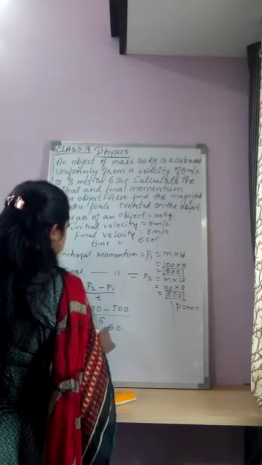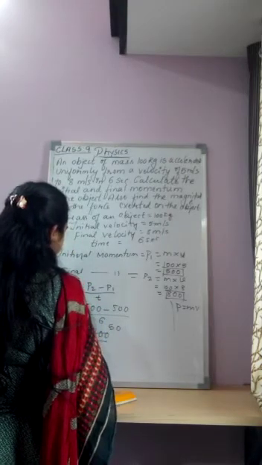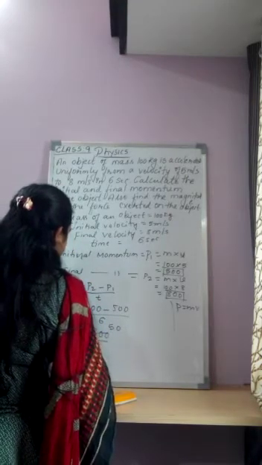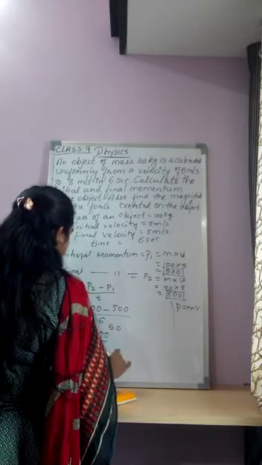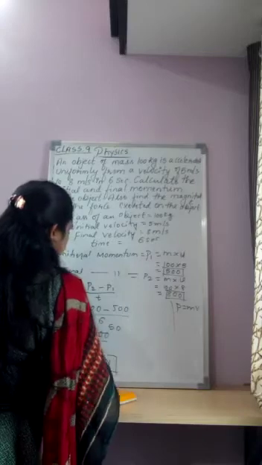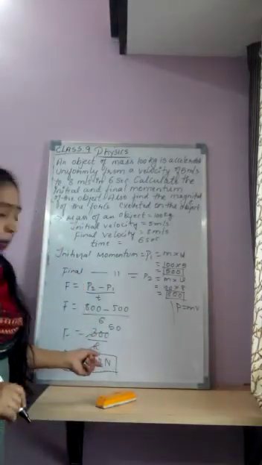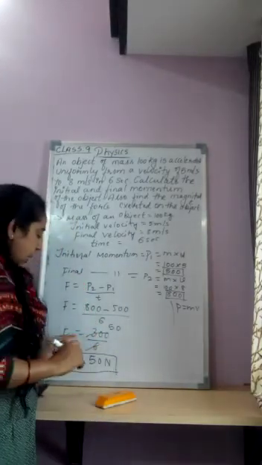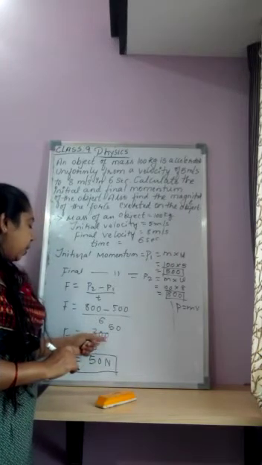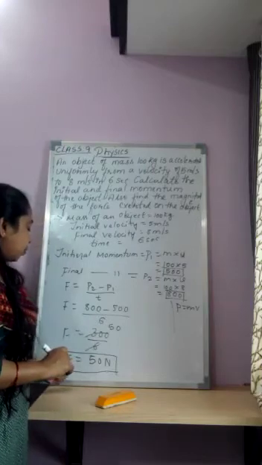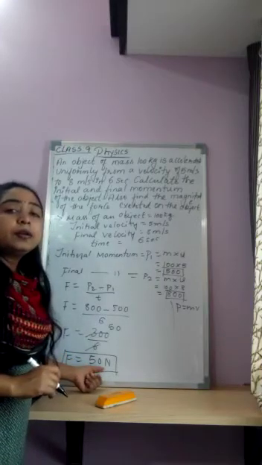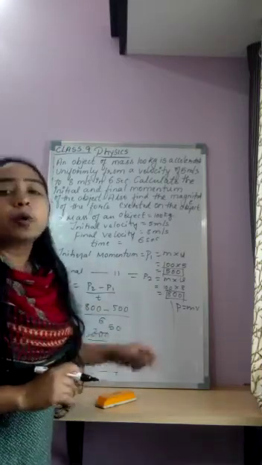So F is equal to 50 Newton. So did you understand now? So F is equal to 300 divided by 6. So when you cancel it, you will get the magnitude of the force is equal to 50 Newton. Go through the problem once.